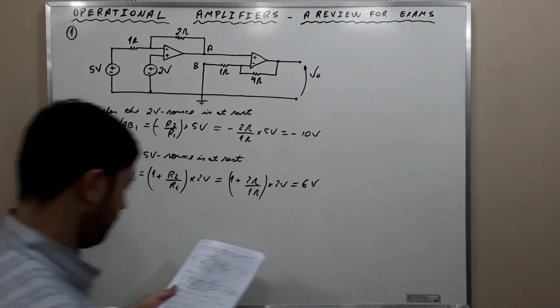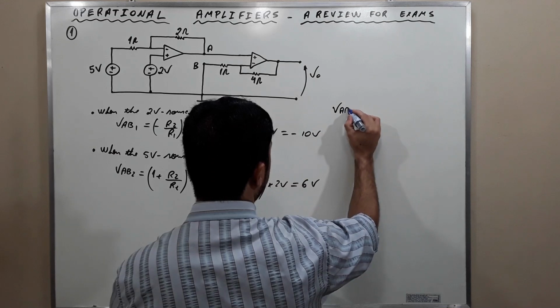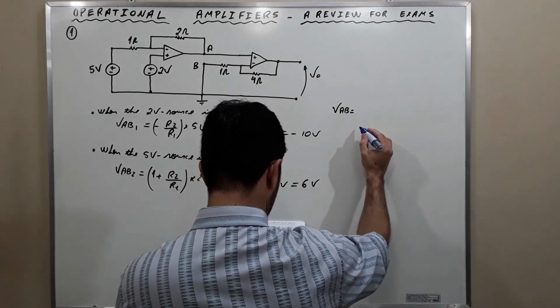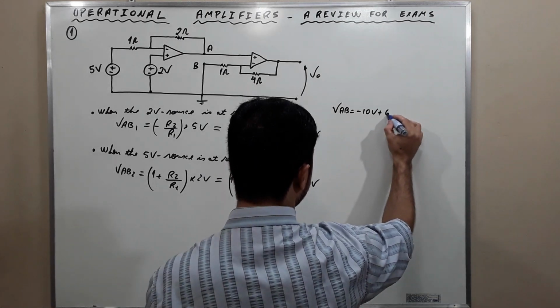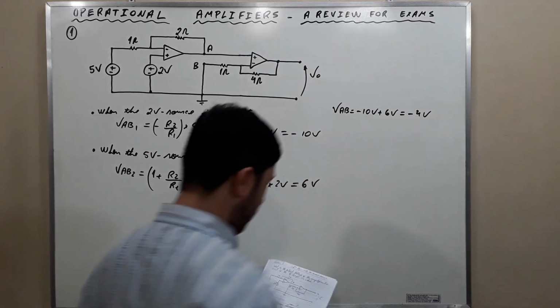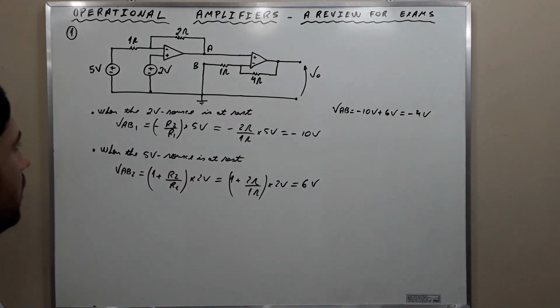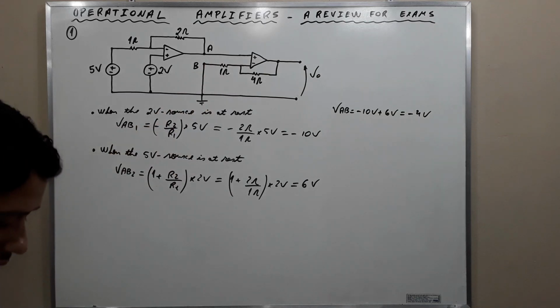Then VAB is equal to negative 10 volts plus 6 volts, and this is equal to negative 4 volts. Now we know the voltage between points A and B.